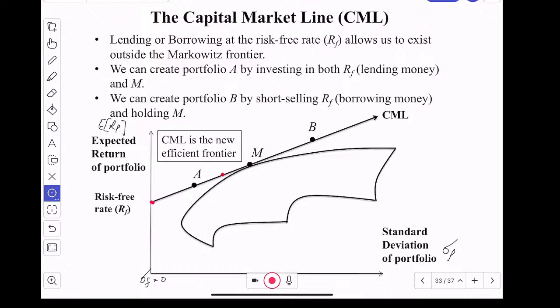But anywhere in between here, you have a combination of the market portfolio with T-bills. So this is purely investment in the market portfolio, and this is purely investment in T-bills. Any of these is a combination of the two. So A can be created by investing in both the T-bills, in other words lending money, and the market portfolio.